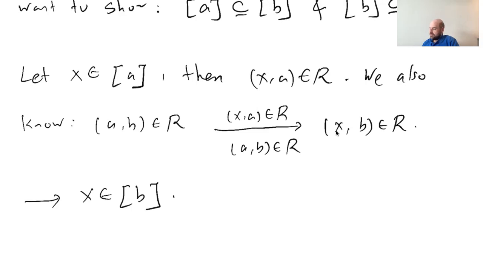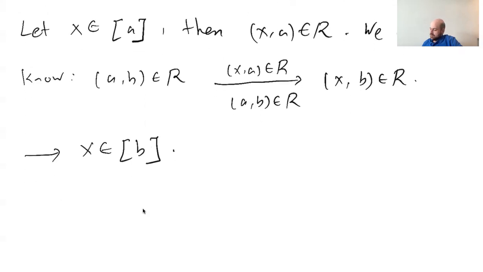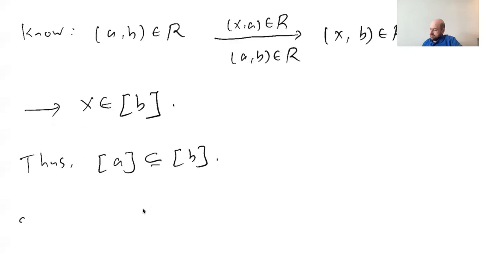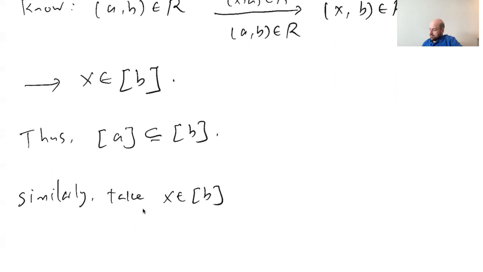Okay, so we showed that if X is in the equivalence class of A, then X will be in the equivalence class of B. Thus, the equivalence class of A is a subset of the equivalence class of B. Similarly, if you take some X in the equivalence class of B, then we can say that (B, X) will be in R, right?